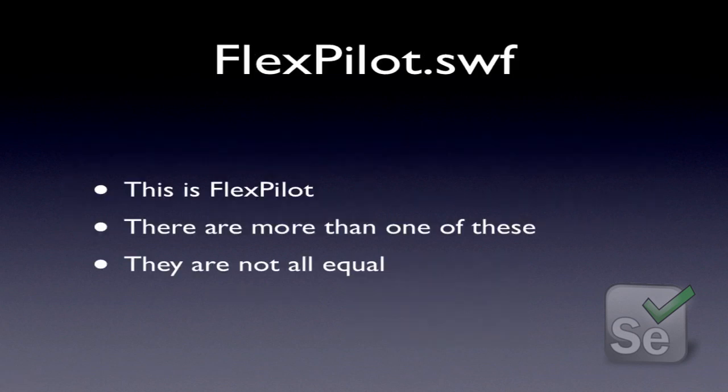So I'm just going to go through each of these 4 and say a little bit more about them. Flexpilot.swf is the actual project, basically, and most people download one that's already compiled on GitHub or someplace like that, and that's one way to do it, but you can also compile it yourself to get the latest version, which I'll do later on in the presentation.